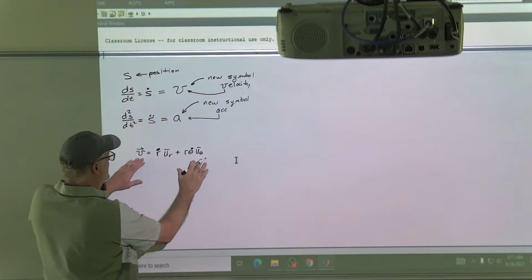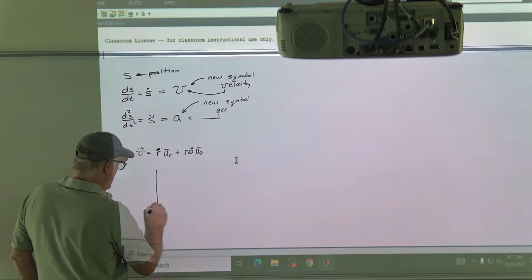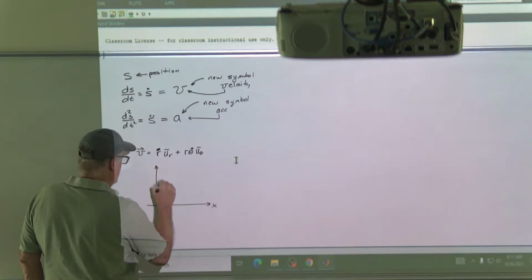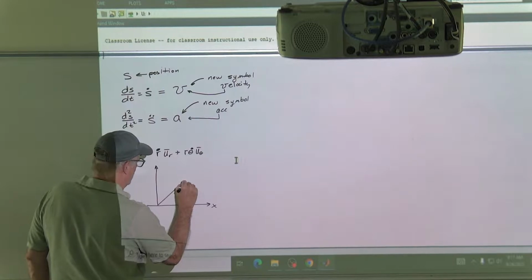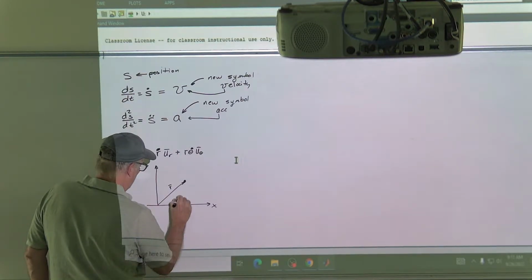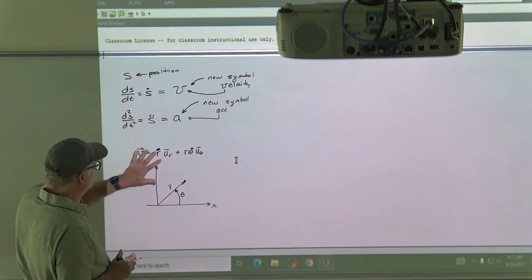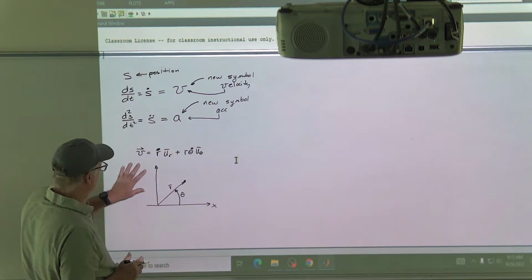So this is kind of, you could put an x and a y, and you could put a position out here to r and theta. And now we're moving into this. So this is the section that was in chapter 12.